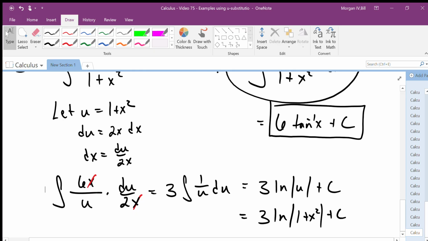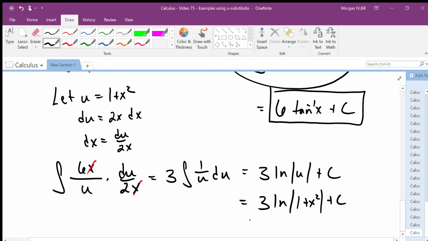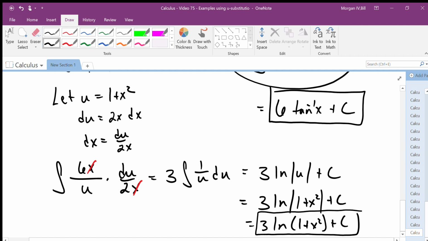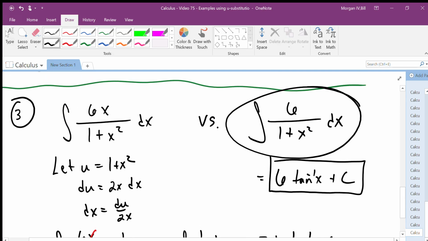Again, 1 plus x squared is always positive, so we don't need the absolute values here. And we get this answer. Two very different answers: 6 inverse tangent of x plus c versus 3 natural log of 1 plus x squared plus c. Two very different answers only because this one is the integral of 6x over 1 plus x squared, and the one on the right is 6 over 1 plus x squared. So watch those two, right?